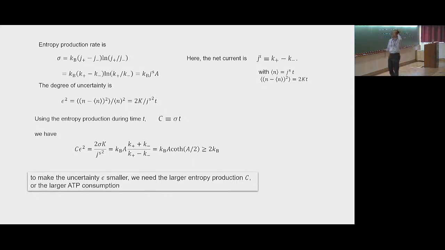And this has a natural inequality: this should be larger than 2 kB. So this is a simple example of the thermodynamic uncertainty relation. If we want to make epsilon smaller, to make the dispersion smaller, then C must be larger than the value required by this inequality. So more free energy should be supplied to make the system behavior more precise.